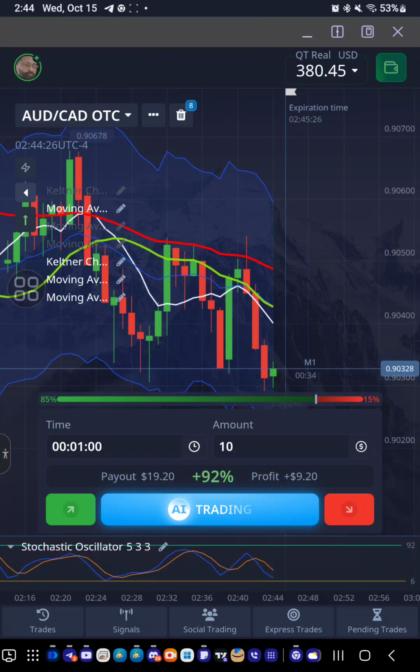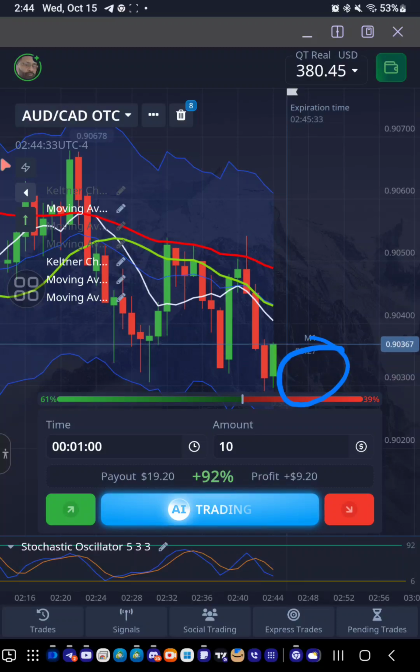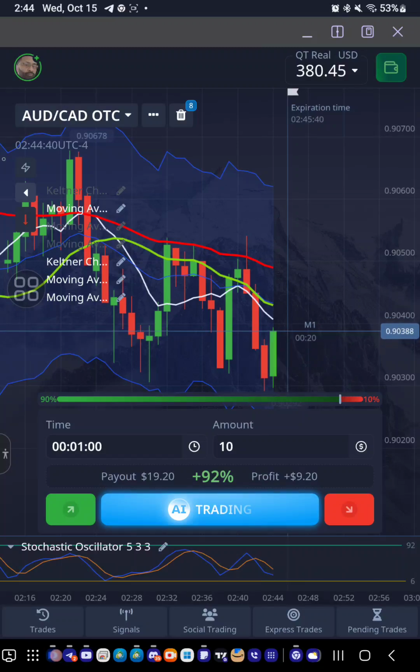Then you look at the countdown here. When it gets down to 0, that's when you push either your buy or your sell.